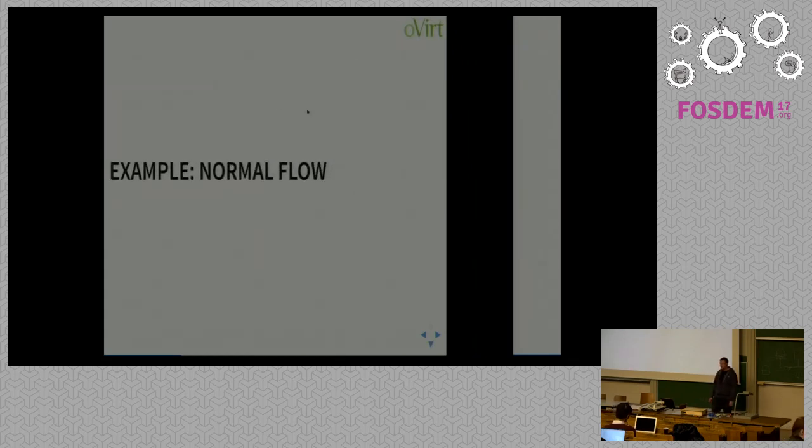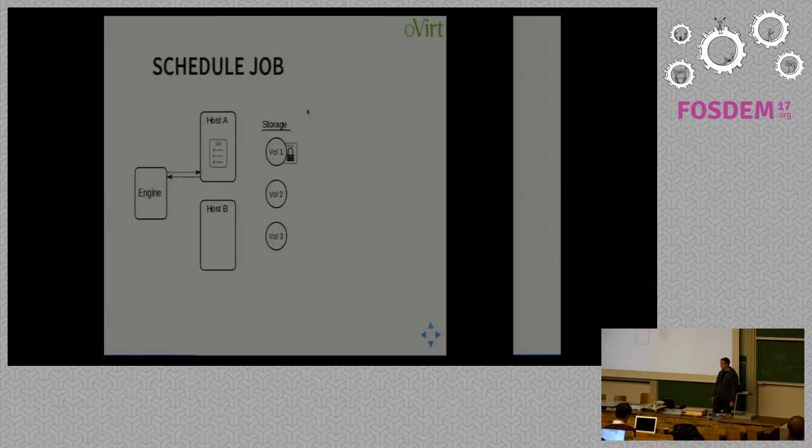So let's take a look at how this works in a normal flow. First thing, the engine chooses a host and schedules a job, a storage job, whatever it may be, onto it, and it gets a response from the host saying that the scheduling was successful, so now we can begin monitoring the job. At some point, the host is going to run the job, and the first thing is to acquire the volume lease.